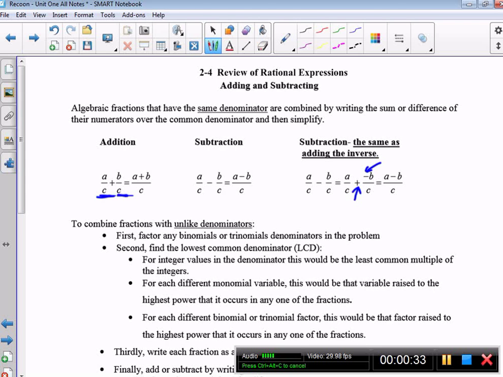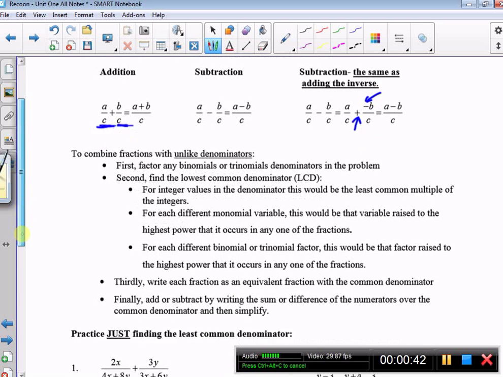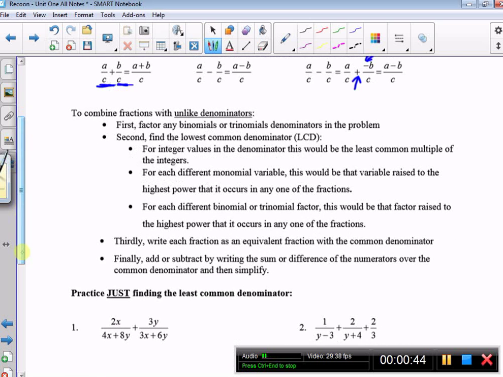Okay, so the next part gives you some steps for finding the denominators if they are unlike denominators. So we're looking for what's known as the lowest common denominator. The lowest common denominator is found differently depending on what the denominator is.